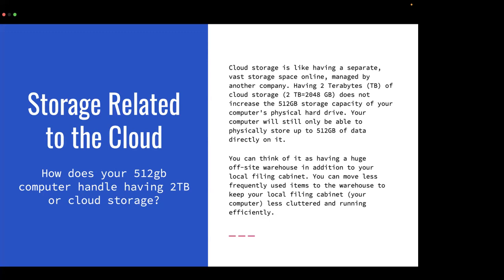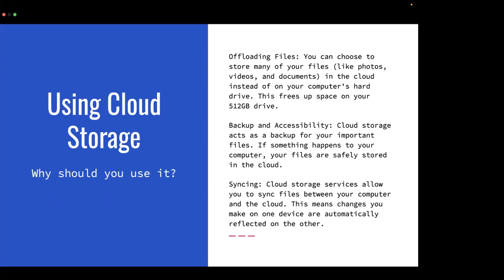Basically, what this allows you to do is to store things in the cloud, but not have them taking up space on your computer. So you can think of it like an offsite warehouse or like a storage container that you can store all of your extra stuff in, but if you need it, you can easily retrieve it. And the reason why you can do this is because of offloading.